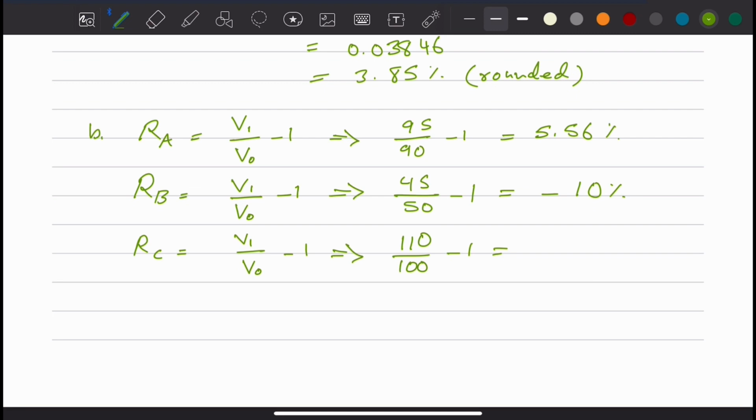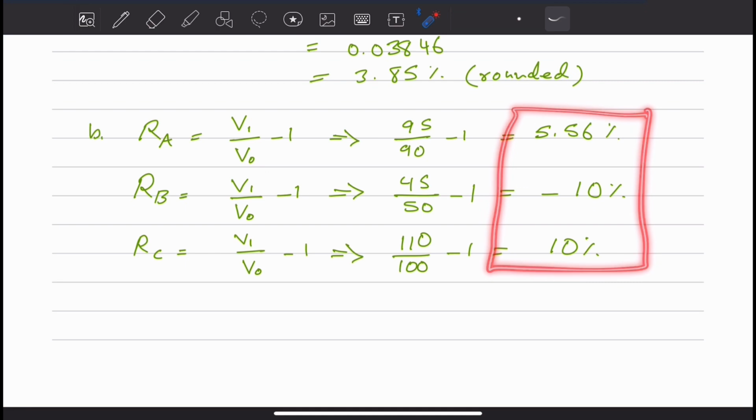Using a calculator, 110 divided by 100 minus 1 multiplied by 100. That's a positive 10% return. Now we need to take these three rates of returns and calculate their average.